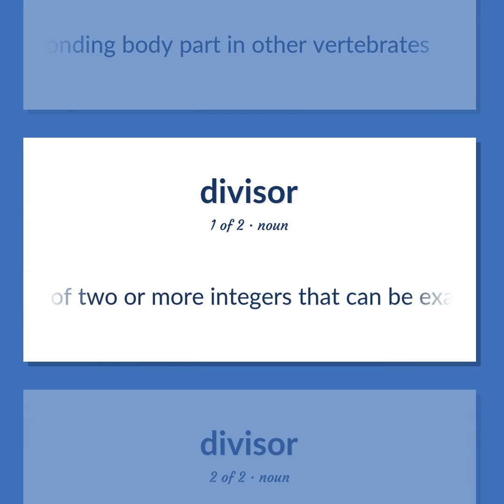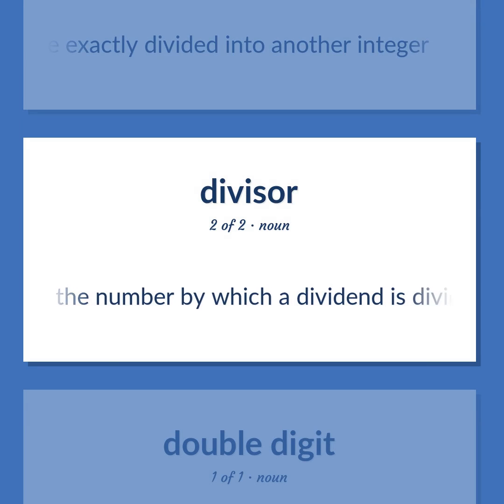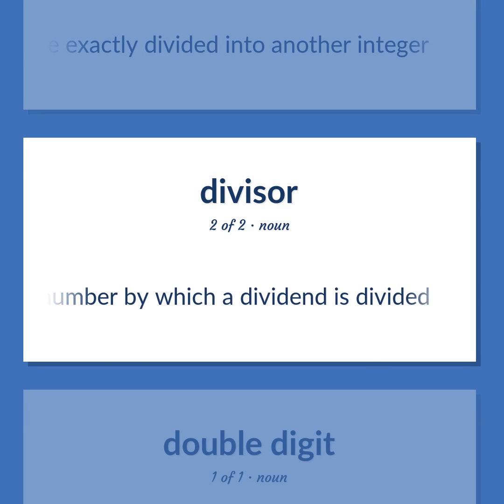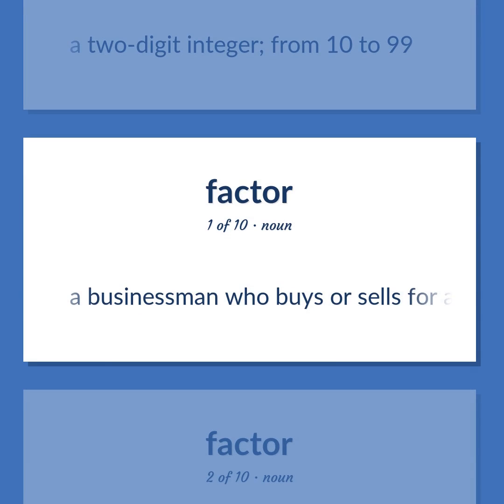One of 2 or more integers that can be exactly divided into another integer. The number by which a dividend is divided. A 2-digit integer, from 10 to 99. A businessman who buys or sells for another in exchange for a commission.